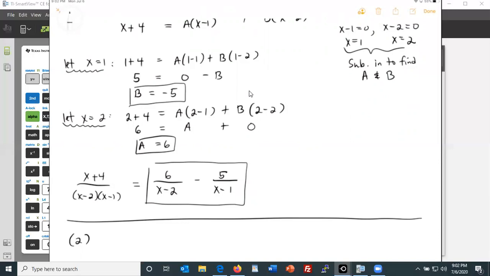So this is the part where P over Q is what we want to find, where Q has, let's say, n repeating factors.